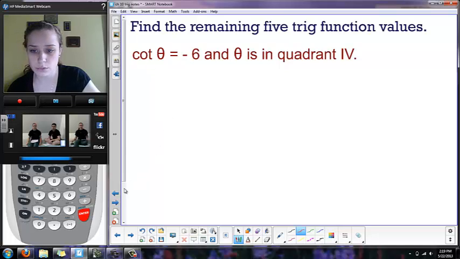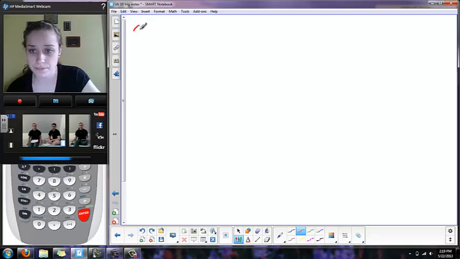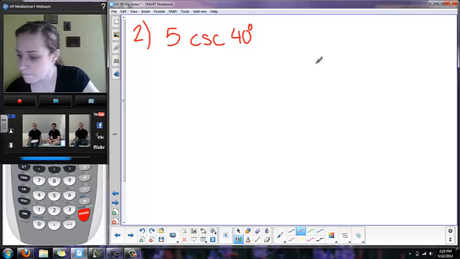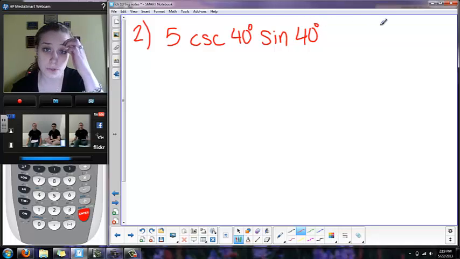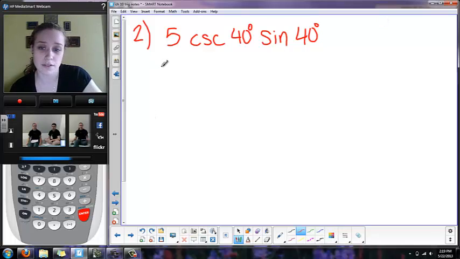Number 2. Find the numerical value of 5 cosecant 40 degrees times sine of 40 degrees. Now, this is one of the questions where you want to express everything in terms of sine and cosine because they're our most basic elements, and then see if something reduces.